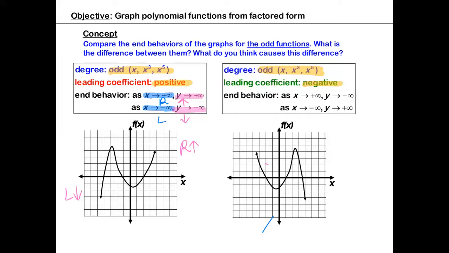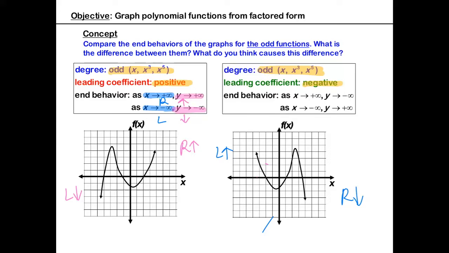So notice that my two end behaviors ended up flipping directions. This time now, my right side actually points downwards and the left side actually goes upwards. So the negative is going to flip my end behaviors in opposite directions, okay?